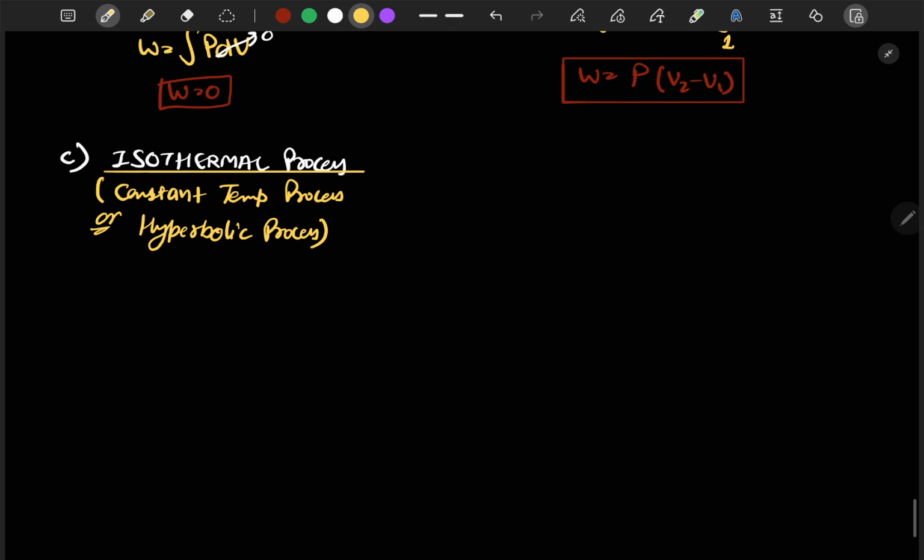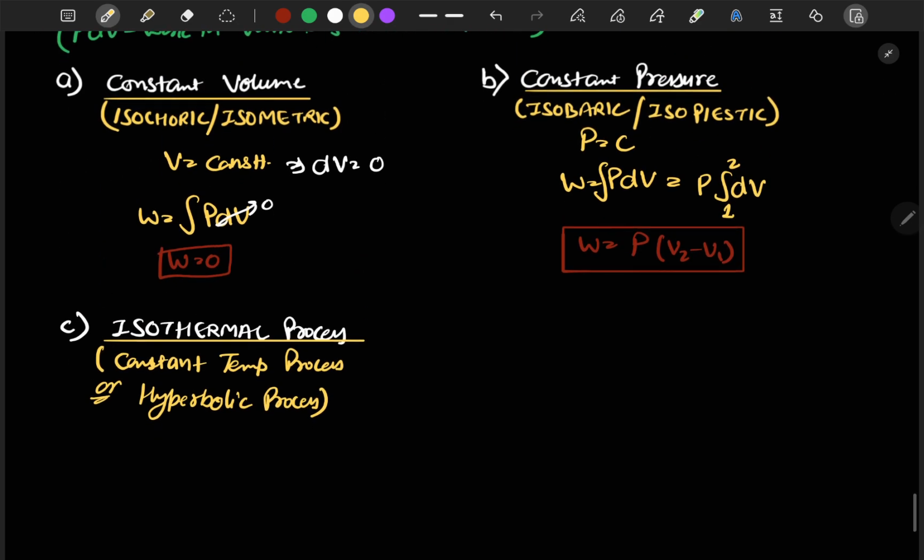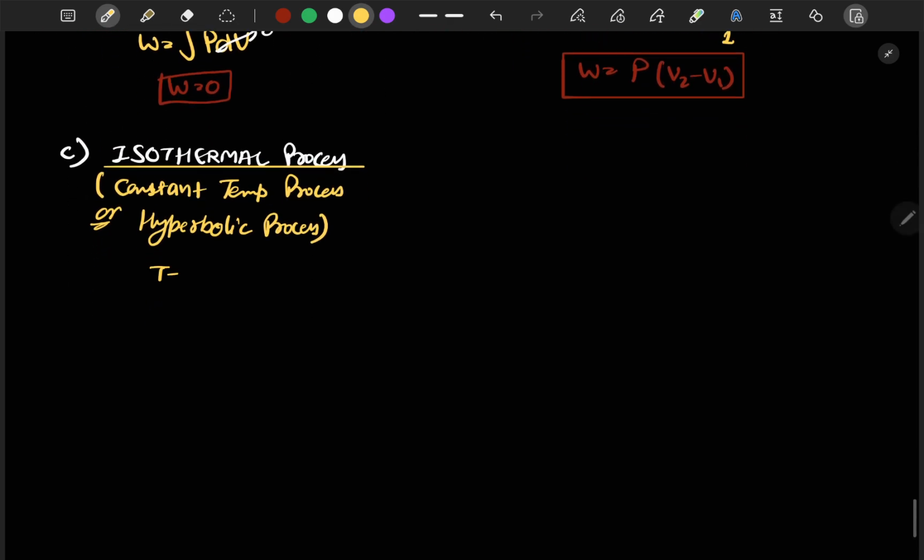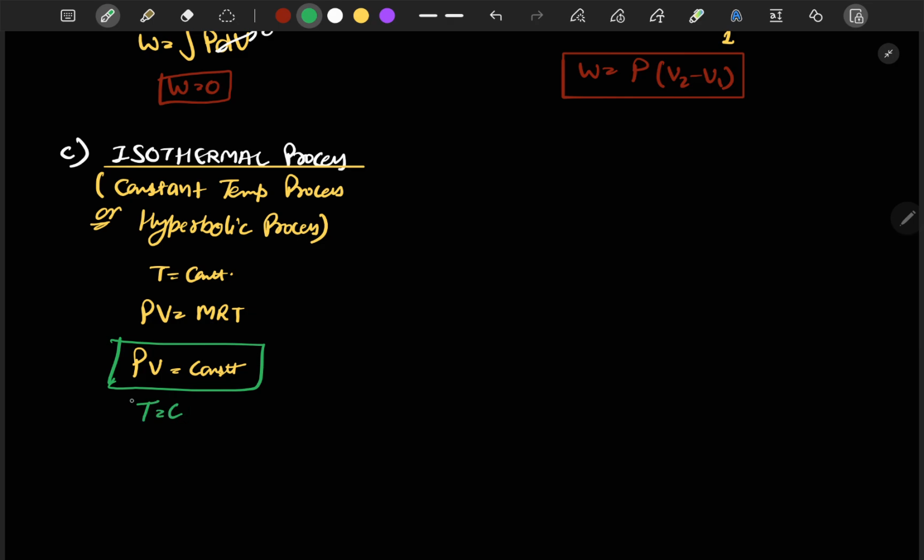In a constant temperature process, temperature is equal to constant. So since PV is equal to mRT, PV is equal to constant, and this, my friend, is the equation of an isothermal process. Or we can also write temperature is equal to constant. This is also called the equation of an isothermal process.